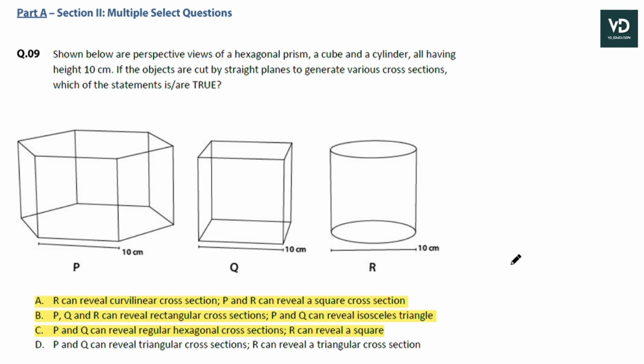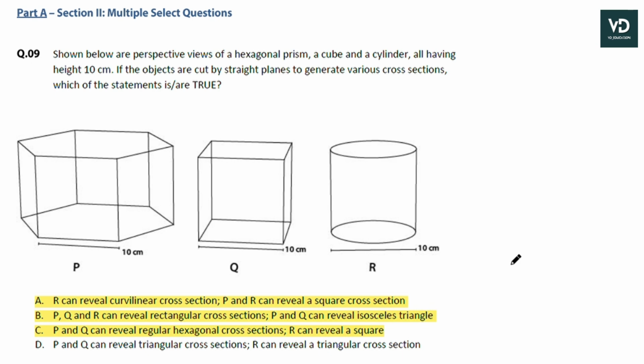9th question: shown below are perspective views of a hexagonal prism, a cube, and a cylinder, all having a height of 10 cm.